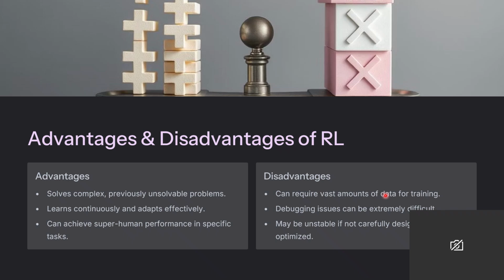If something goes wrong, it's very hard to fix or debug. If the system is not set up properly, the learning can become unstable or confusing. So yes, it's powerful but also challenging to use.